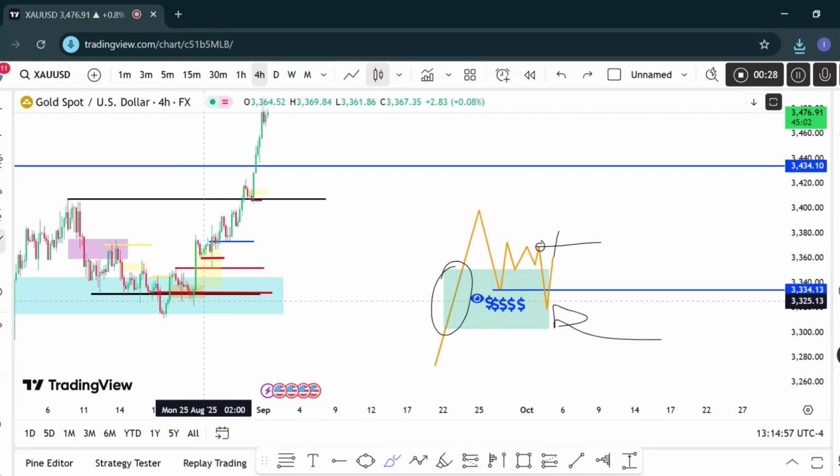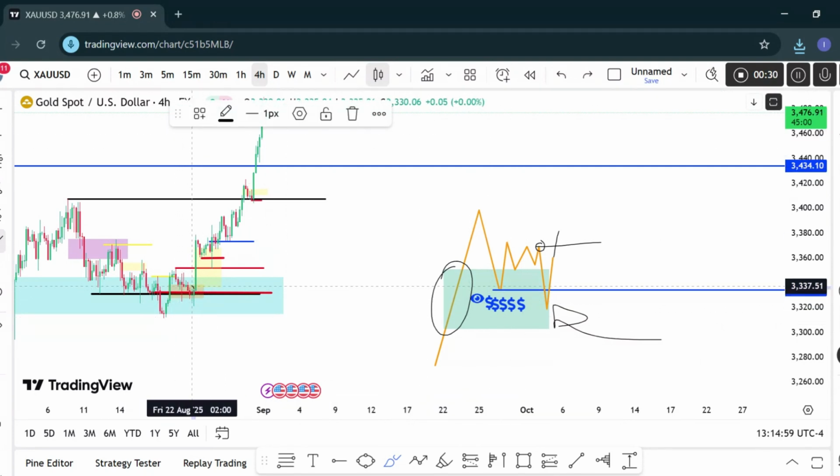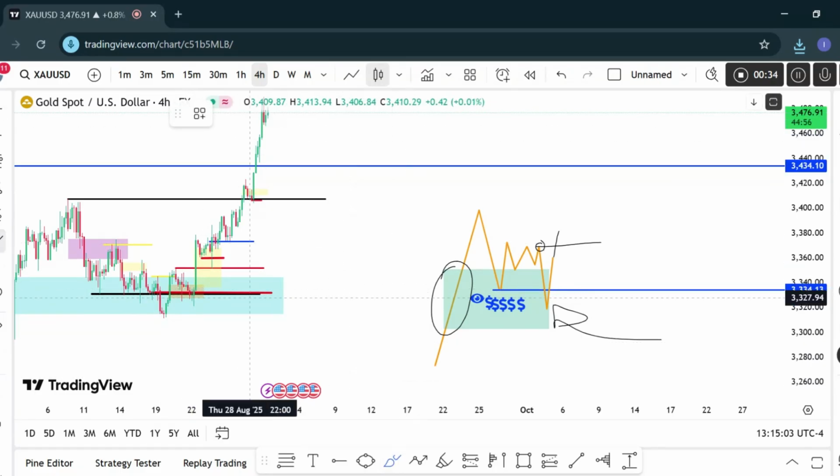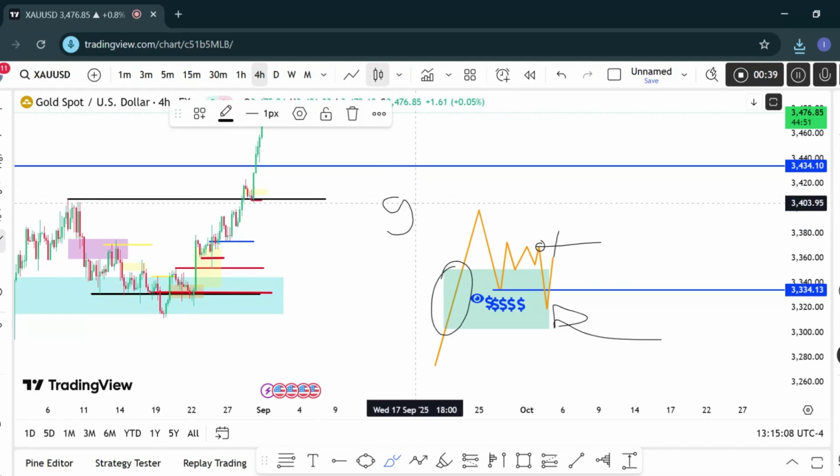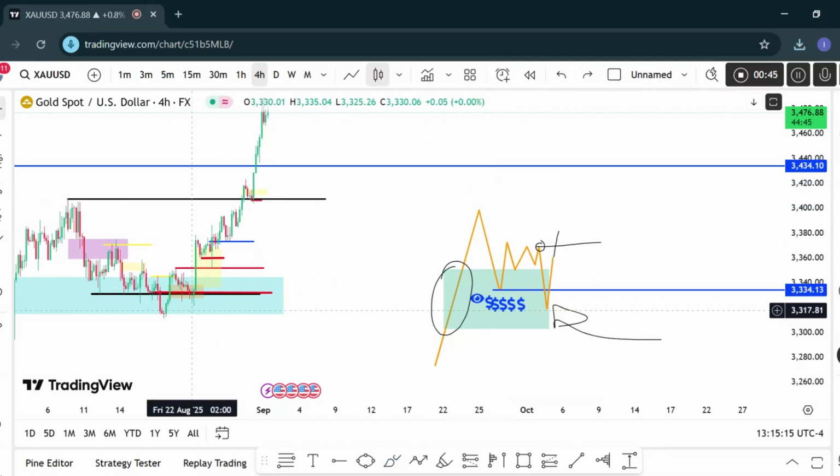You can wait for it for more ratio, or you can just buy there. My favorite time to buy is between like 9:30 to 11 o'clock. Okay, and this candle exactly like that. So this is a great time to buy.